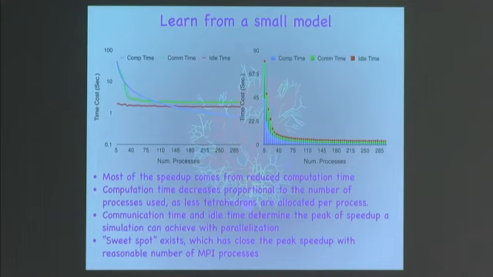The communication time decreases slowly, and this idle time actually slowly increases. It's difficult to see. But most of the speed up comes from this reduced computation time, which is not really surprising.